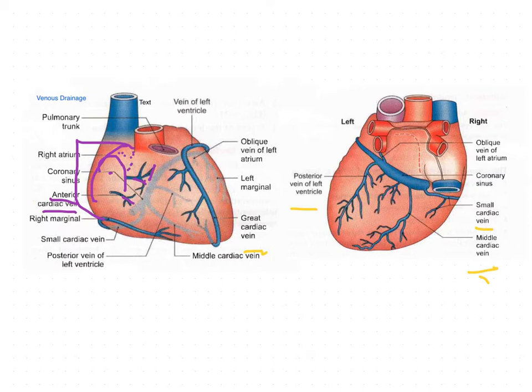Those small openings are called the venae cordis minimi. So these are numerous small veins present in all 4 chambers of the heart which open directly into the cavity. These are more numerous on the right side of the heart than the left side.